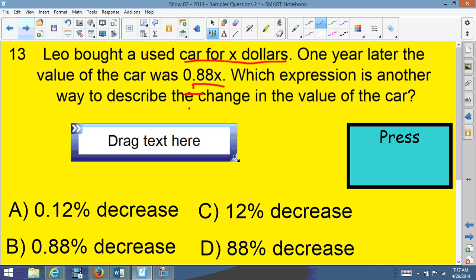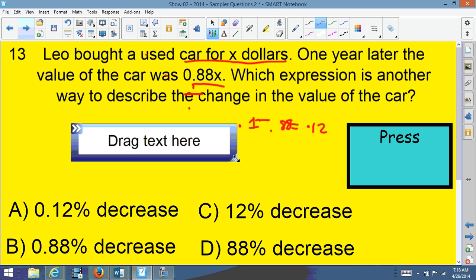So obviously the car went down in value, because if it was costing us $1 and now it's worth 88 cents, it went down. So let me take the difference of these two, and that'll give me 12 cents. So it went down 12 cents.